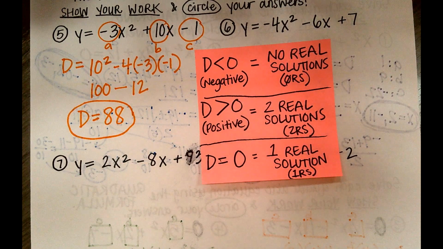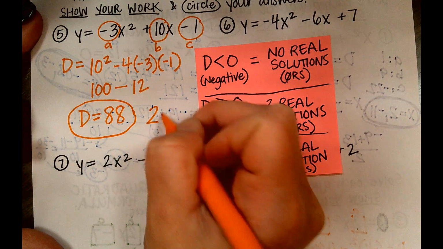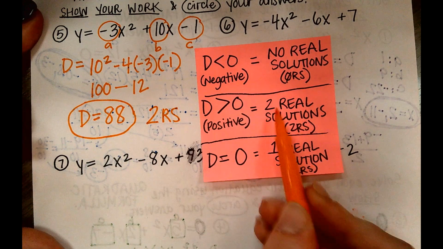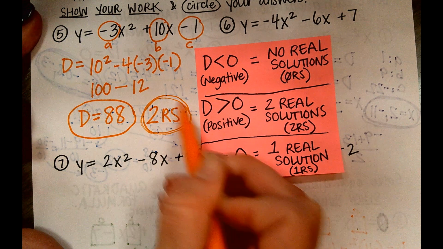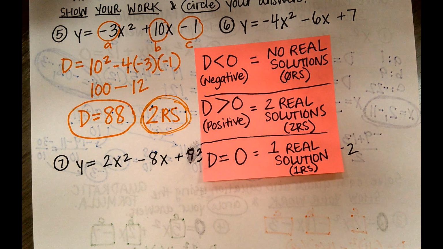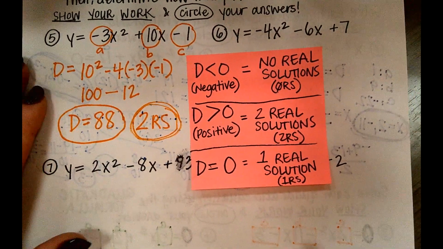So, what you could write for the second part of this question, 2RS, 2 real solutions. Make sure you do both of these parts. And that's it. Okay? Any questions about number 5?